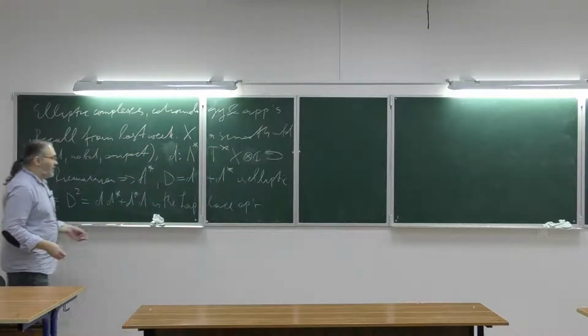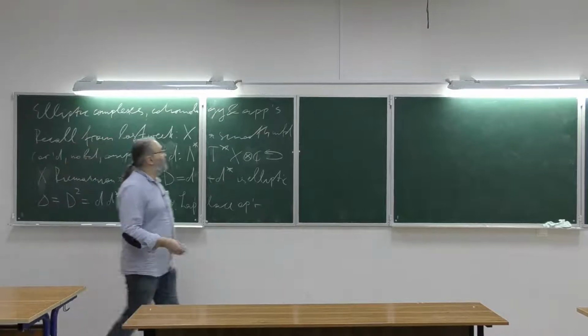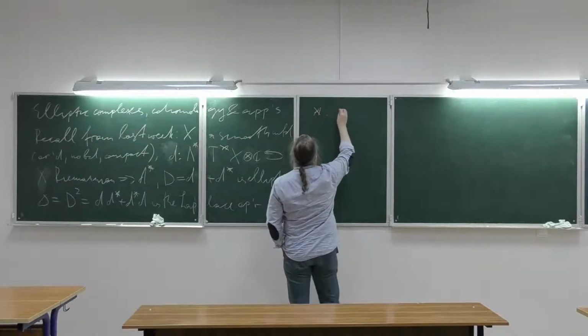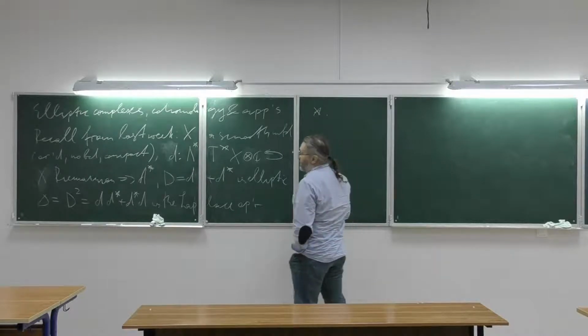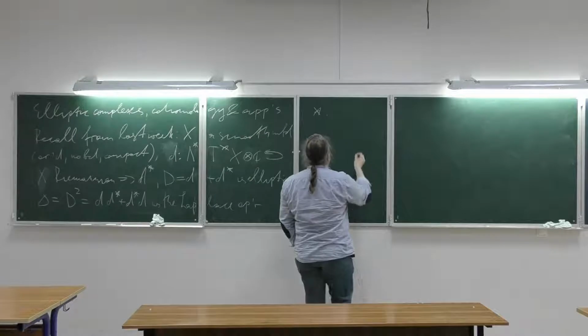Then by taking the square, we have another operator, which is the Laplace operator, and since we have a metric, we also have the Hodge star operator.